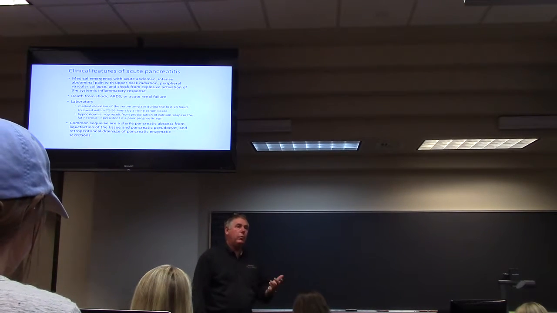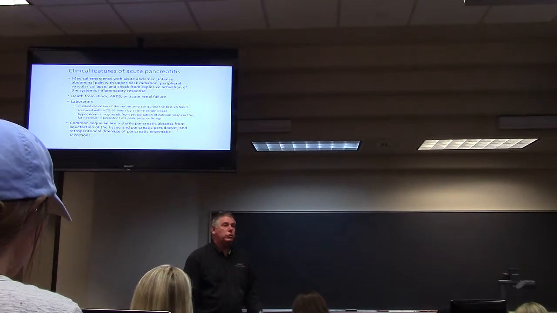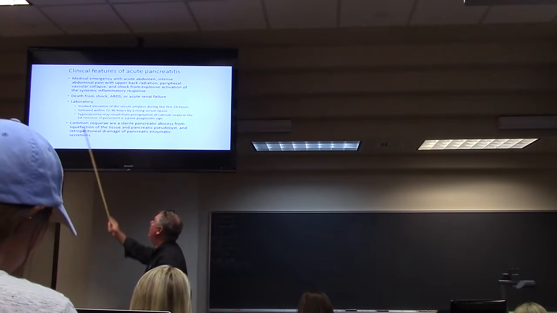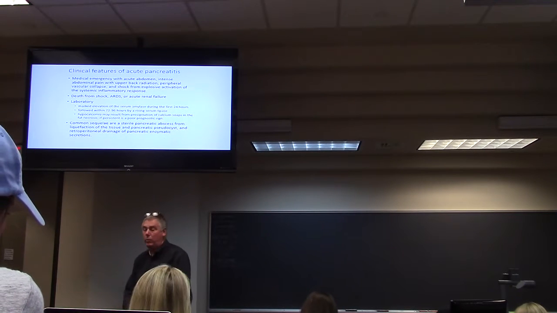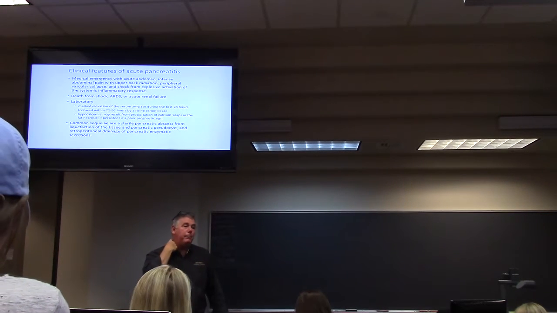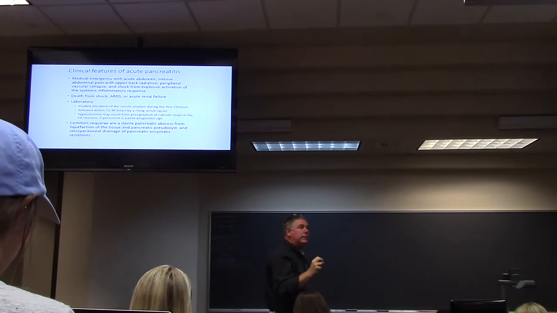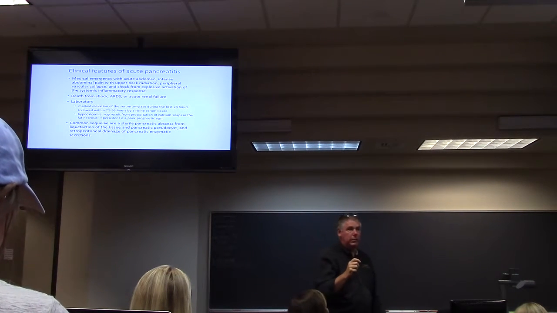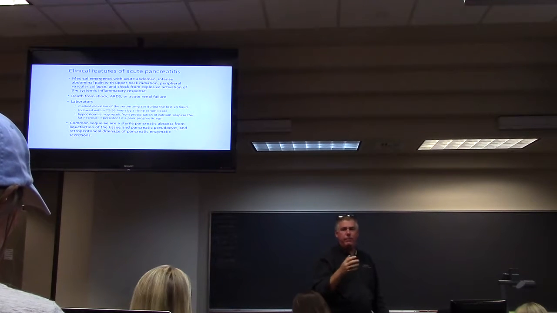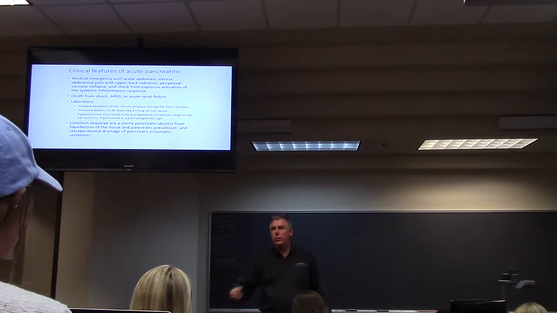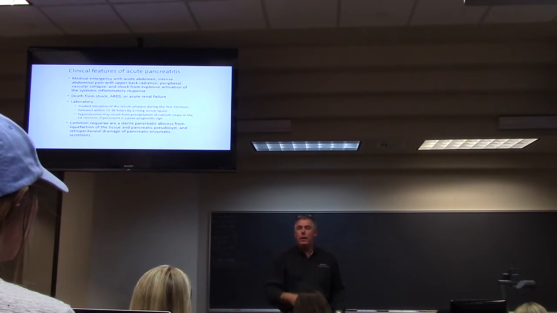Now, the laboratory investigation of pancreatitis starts with the enzymes, amylase and lipase. And here is a note on amylase. Within the first day of the attack, it soars. Normally it's around 50 to 100, and amylase can go up to 10,000 during that first day.